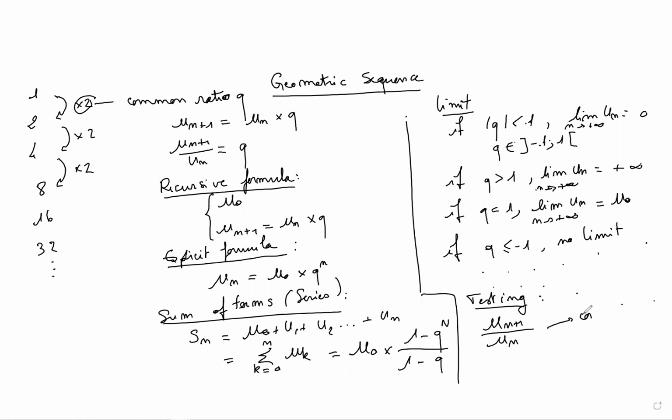Either you get a constant result, which doesn't depend on n, then the sequence is geometric, and the result you got is Q. If it's not constant, if it depends on n, your sequence is not geometric. Sorry about my writing.